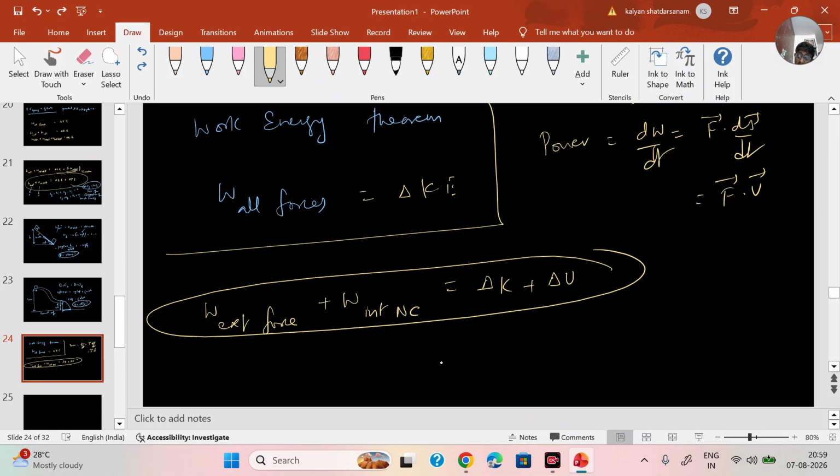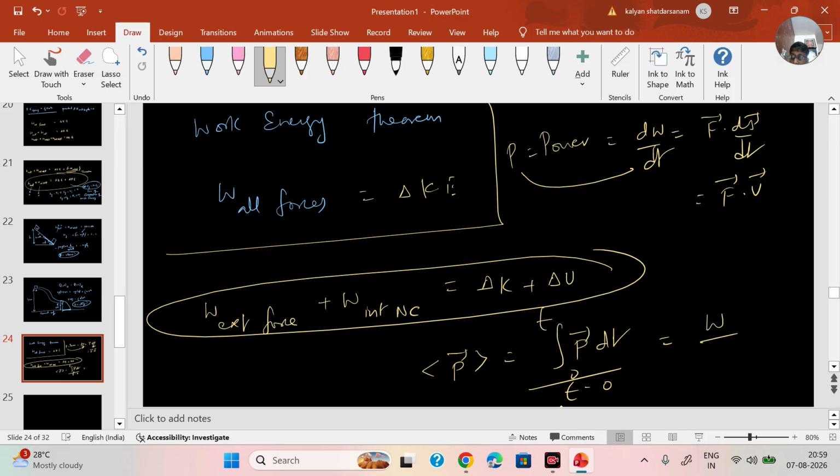Average power, how to define it? For average power, you have to take instantaneous power, integrate it with respect to time, divided by the time interval. This is how we calculated average for any quantity in kinematics. Now, what is P dt? P dt is dW. So it will become integral dW or W by t. This is average power.